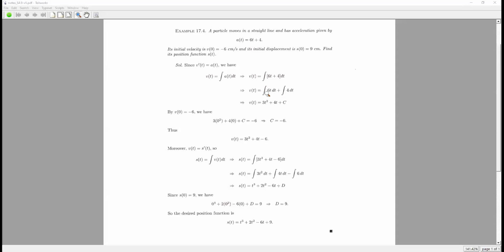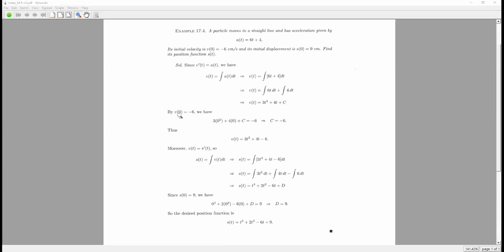This is a summation formula. 6t antiderivative is 3t squared. 4 antiderivative is 4t. Then add an arbitrary constant c. This is all the possible velocities. Now let me determine c so that the velocity satisfies the initial condition.